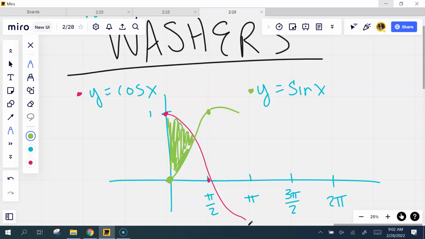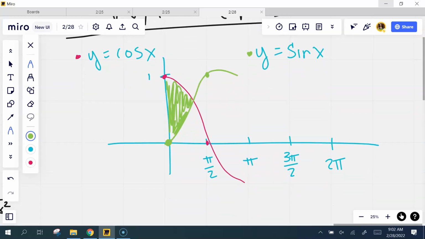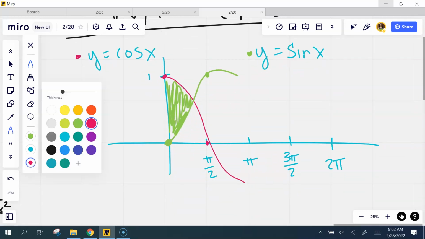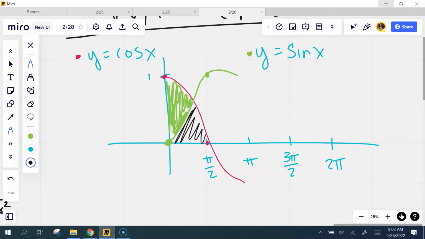Now, the problem lies in this: if I have to rotate it about the x-axis, what did you notice? There's a hole. Well, because if I took this whole green piece and I just flipped it around the x-axis, all this is this black hole.